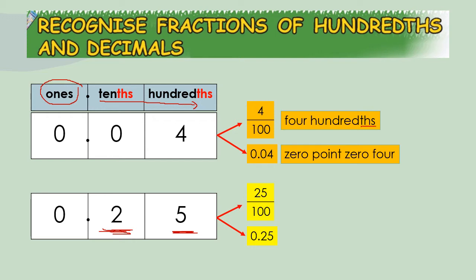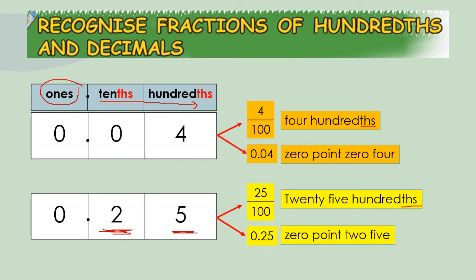How are we going to write it in words? 25 over 100, we call it 25 hundredths. In decimal, it is 0.25. In fraction, we call it 25 hundredths.